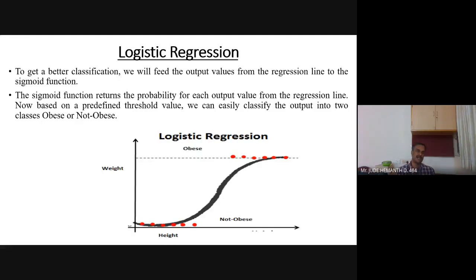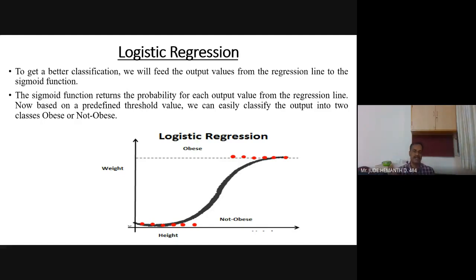Right? So this is how your logistic regression graph looks. Not obese means when your weight is low, we can say it is not obese. But again, that weight is dependent on your height. This graph is almost framed from the linear regression model.